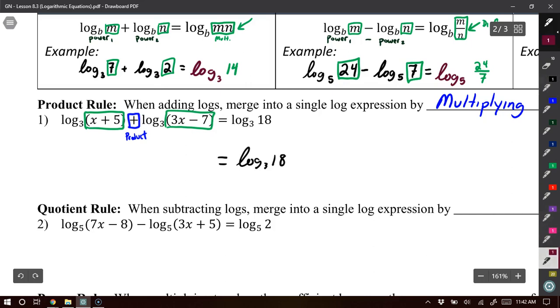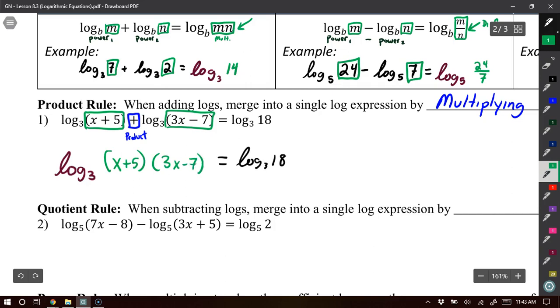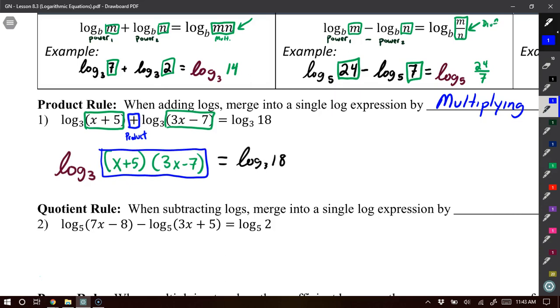I'm going to take those two expressions, and I can merge them into one single logarithm by multiplying them together: x plus 5 times 3x minus 7. That is your product rule. You are going to take your two logarithmic expressions and find the product of them. Merge them together, and then in the future, part 3, we are going to learn how to solve that. Right now, we're just practicing the merging.